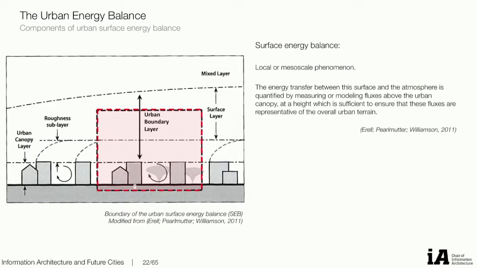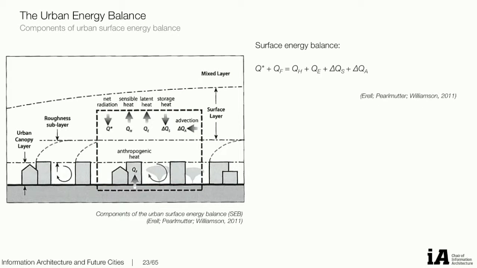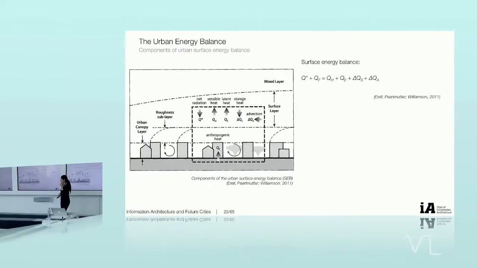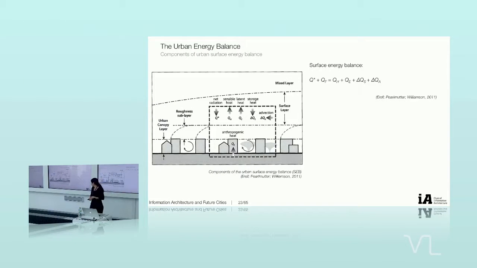I don't know if you remember the slides before, but this is one of the scales of the urban climate. So the energy transfers mainly in this part, and there's also an equation that says that the main two causes are the net radiation and the anthropogenic heat, and then the different exchanges are different fluxes of energy, of heat, sorry.